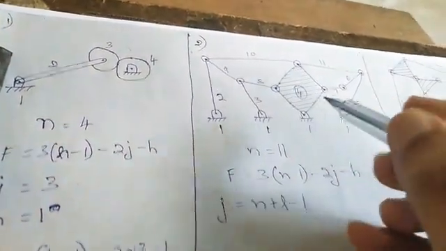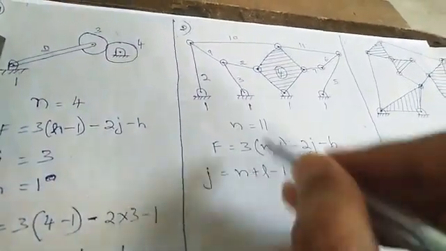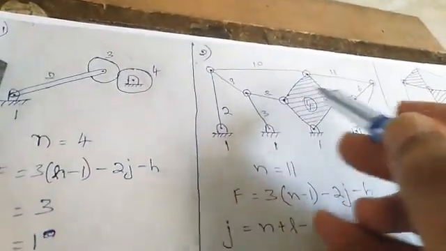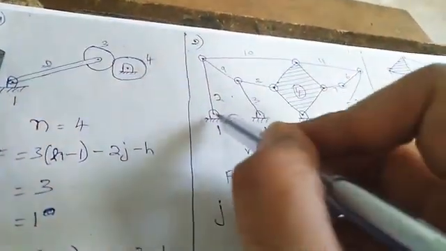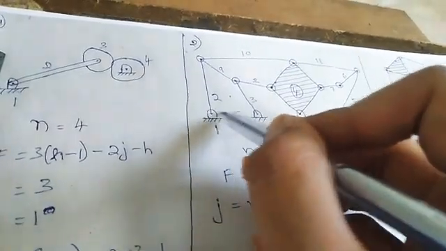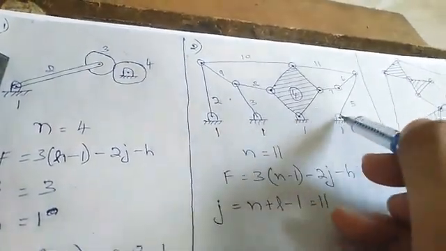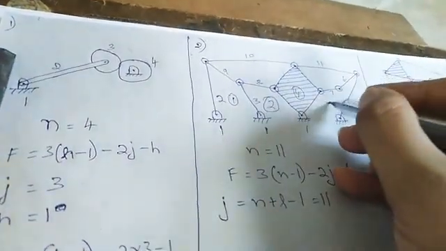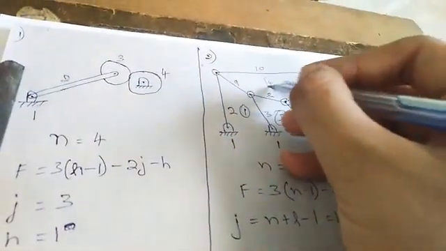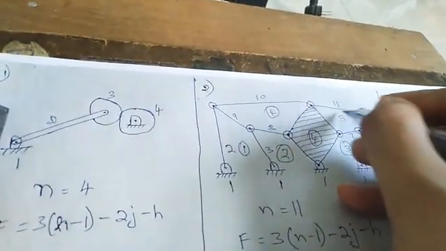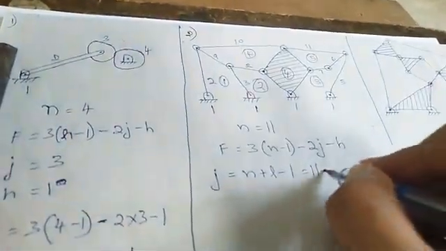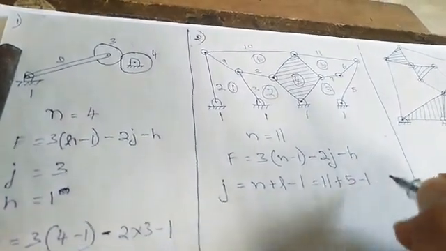So here n is the number of links, 11, and l is the number of loops. If we join lines like this and like this, we'll get loop 1, loop 2, loop 3, loop 4 and loop 5.